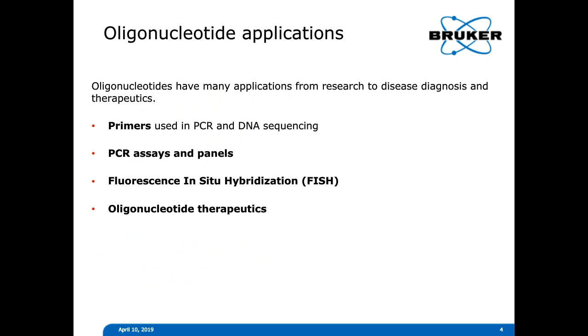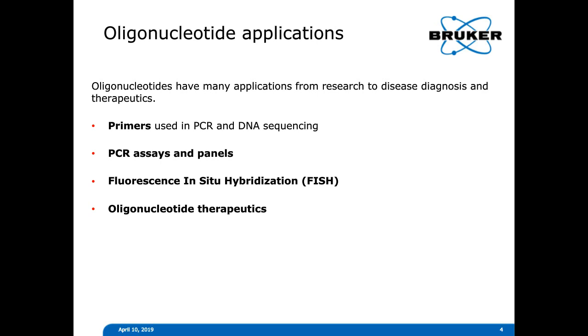Oligonucleotides have various applications from research to disease diagnosis and therapeutics. For example, primers used in PCR and DNA sequences are short single-stranded DNA, typically 17 to 25 nucleotides, that match the beginning and the end of the DNA fragment to be amplified.